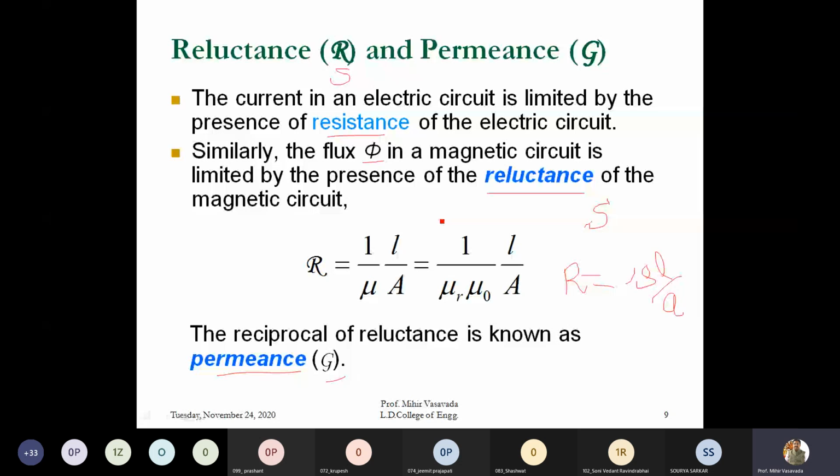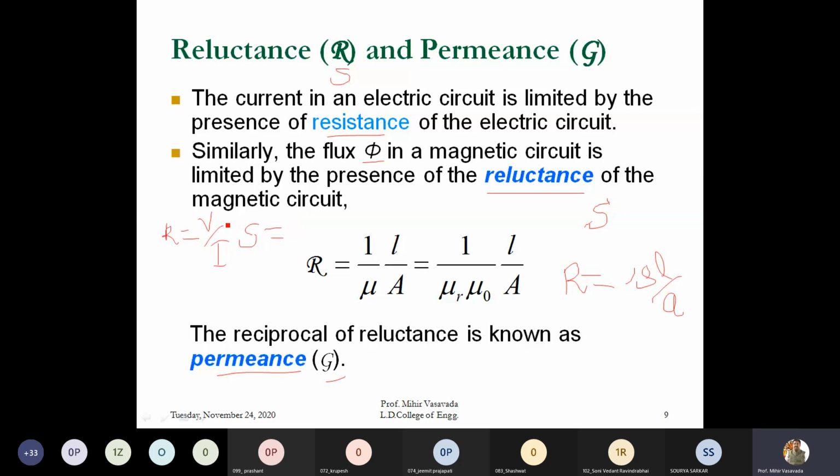Another equation of resistance, if you recall, as per Ohm's law, R equals V upon I. Similarly, the equation of reluctance S will be MMF upon the flux, that is, MMF is like the voltage.